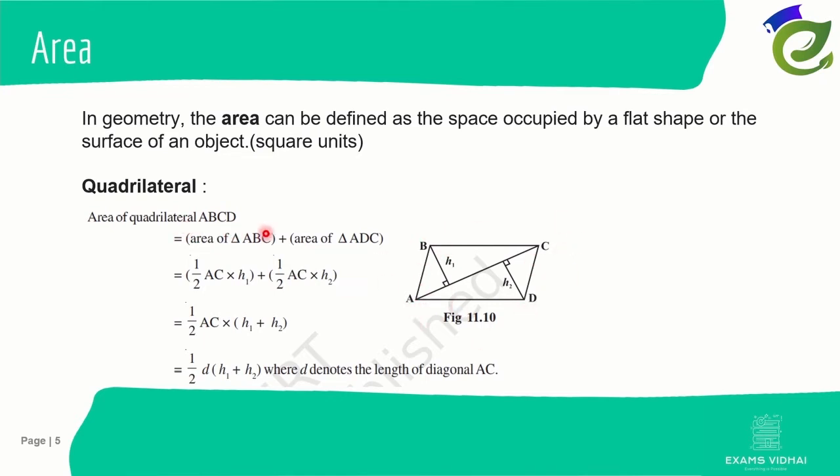Area of triangle ABC is half breadth into height, and triangle ADC is half breadth into height. Taking AC common, the equation is transformed as half AC into H1 plus H2, where AC denotes the length of the diagonal. Area of quadrilateral ABCD becomes half AC into H1 plus H2.